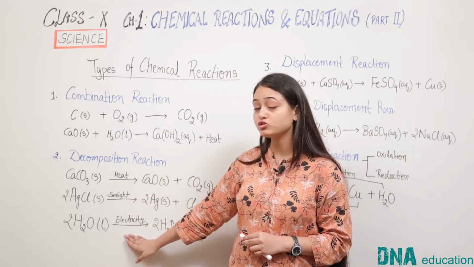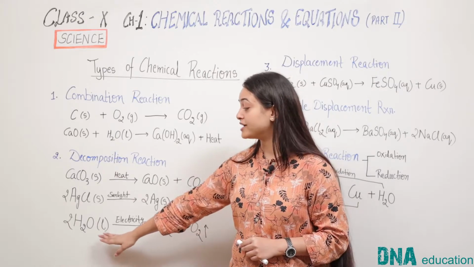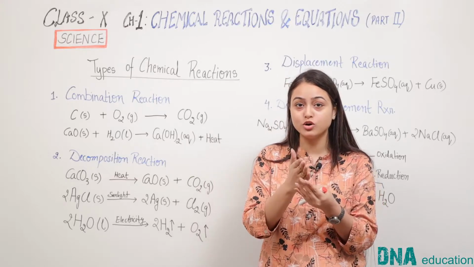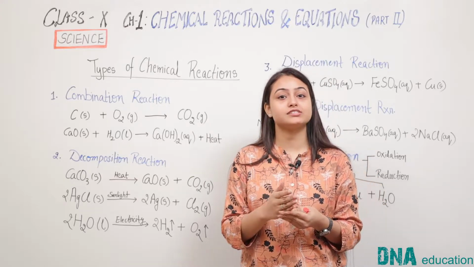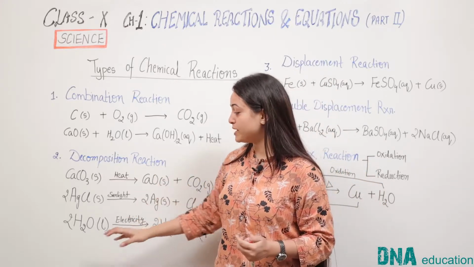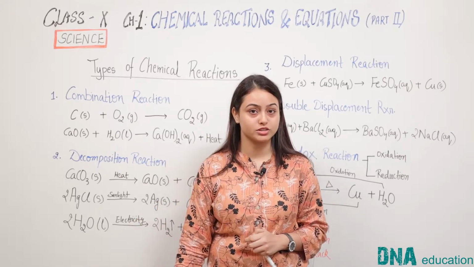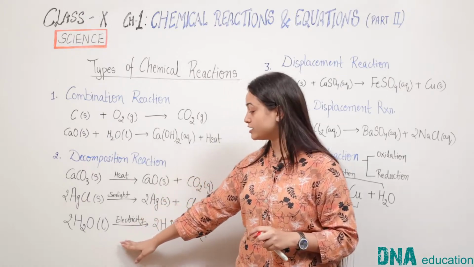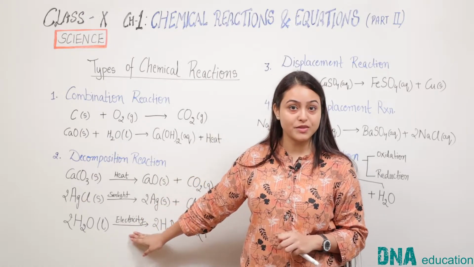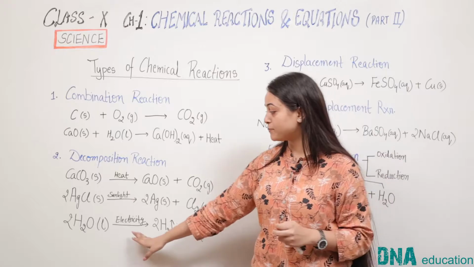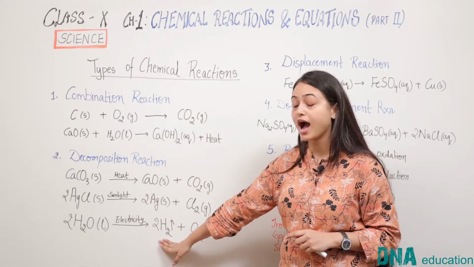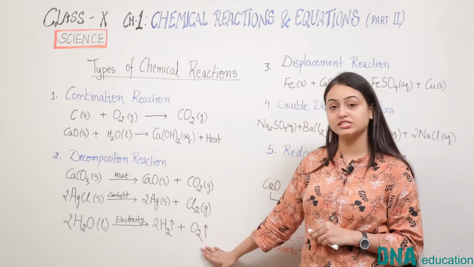The final and the most popular example is hydrolysis of water. Hydrolysis means hydro means water and lysis means breakdown. So it simply means breakdown of water. Breakdown of water or hydrolysis of water occurs in the presence of electricity. When we take water and pass electricity through it, the water breaks down into hydrogen gas and oxygen gas.